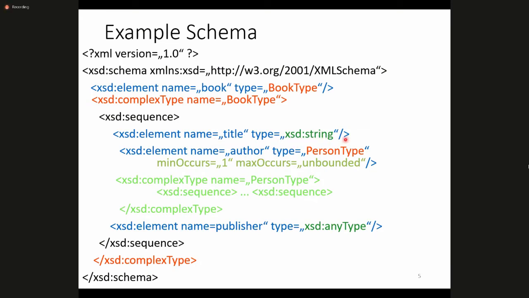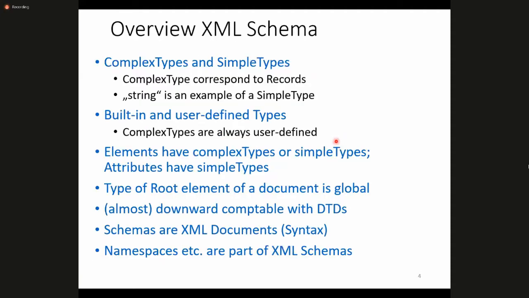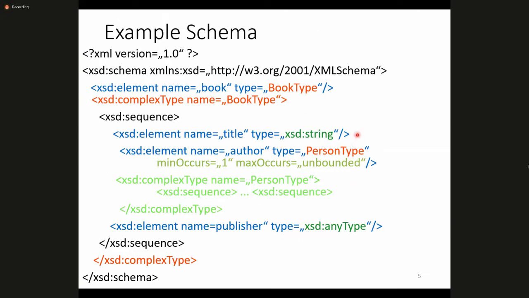This is a simple type; the title element belongs to simple type. Then we have complex types, which are user defined, and we have sequences. We have many things, and we are going to learn what these are.